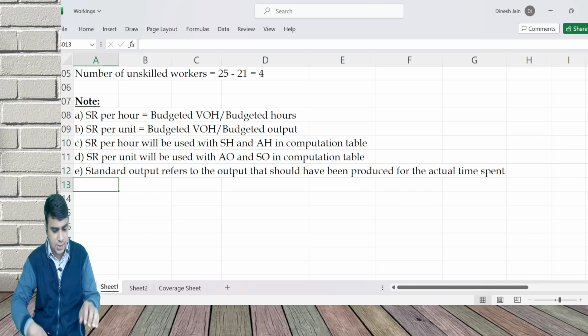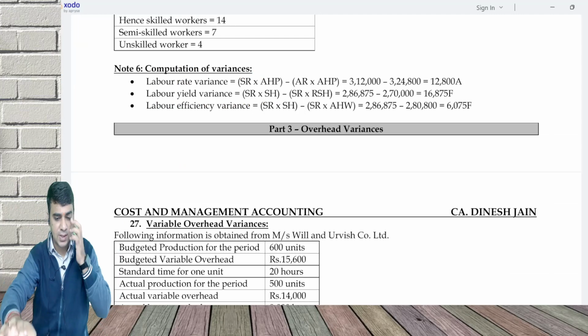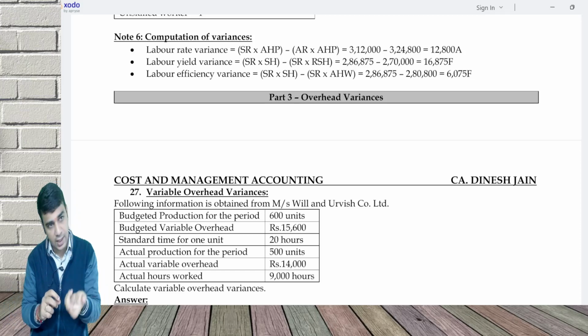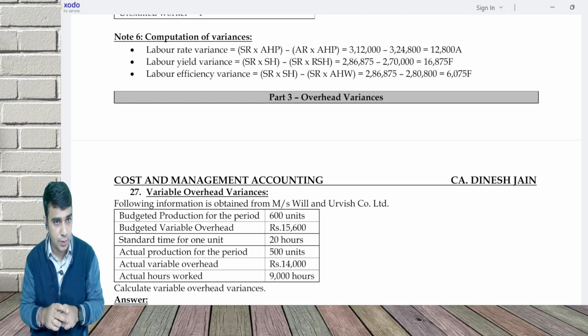Okay, let's look at this question. They've asked us to calculate variable overhead variances. I'll do both the conversion factor, that is, I'll use SR into SH as well as SR into AO. But as I start with the next set of questions, we'll just do one of them. We will not try doing both because both are not needed.